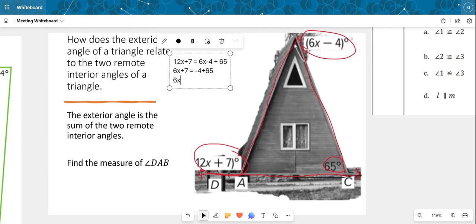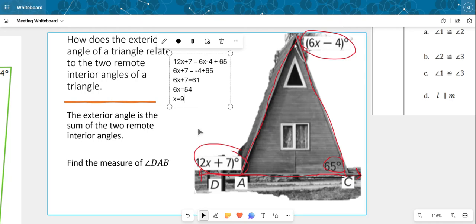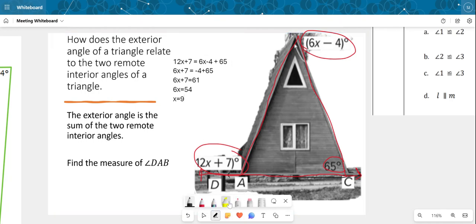Say 6x plus 7 equals 61. Say 6x equals 54, or x equals 9. We now know that x equals 9. We can then use that in for x here, and we can also check it by plugging in x here as well.